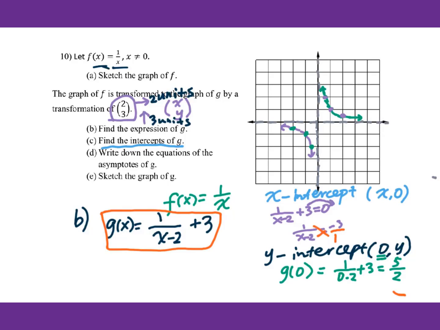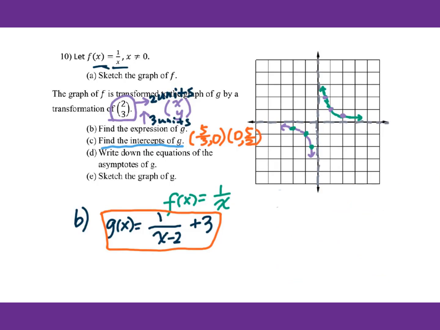You will get 1 equals negative 3x plus 6. Then x equals 5 over 3. Therefore, the x-intercept is 5 over 3, 0, and the y-intercept is 0, 5 over 2.